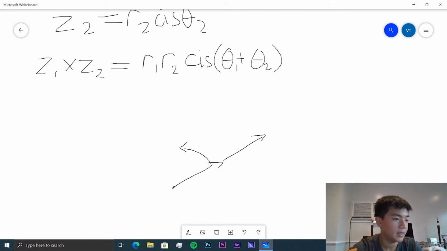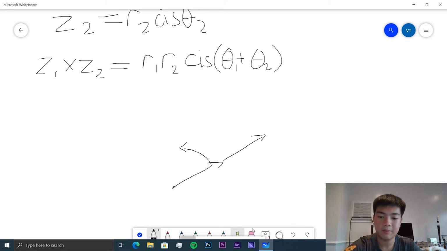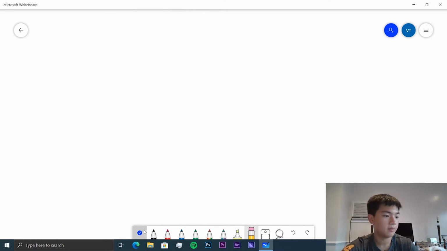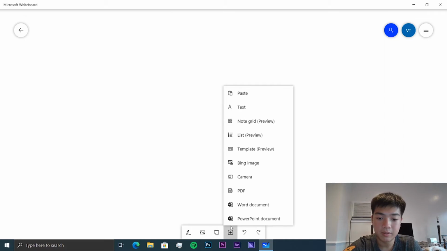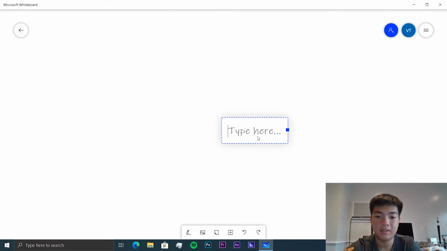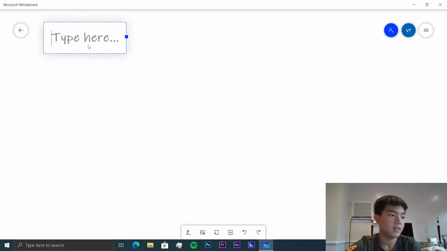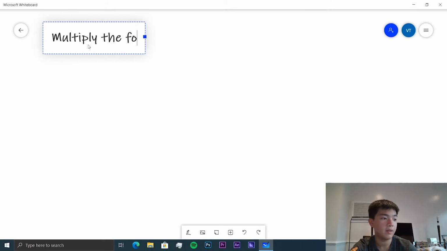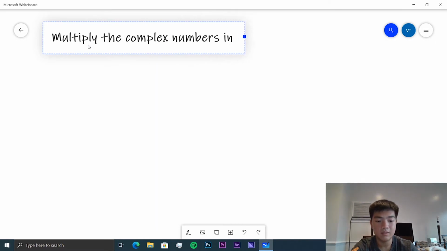So with that being said, let's jump into some questions. I'll do the odd ones. So we have: multiply the complex numbers in Euler's or polar form.